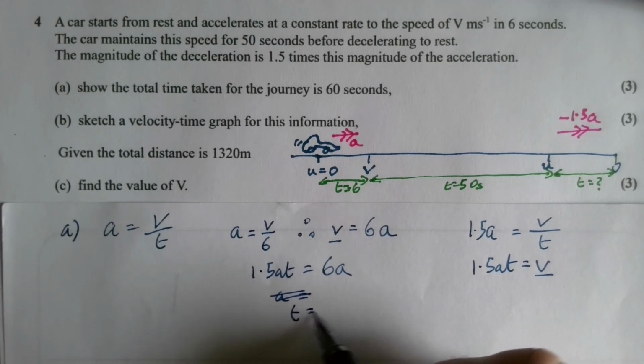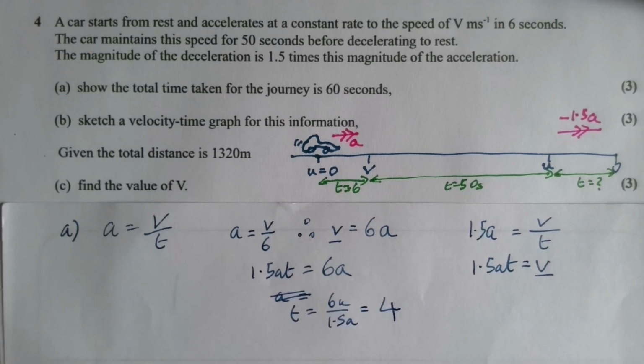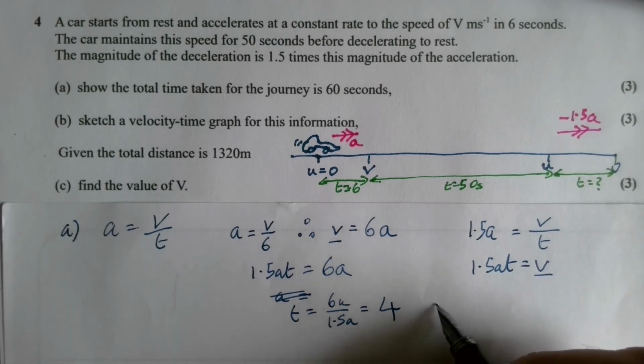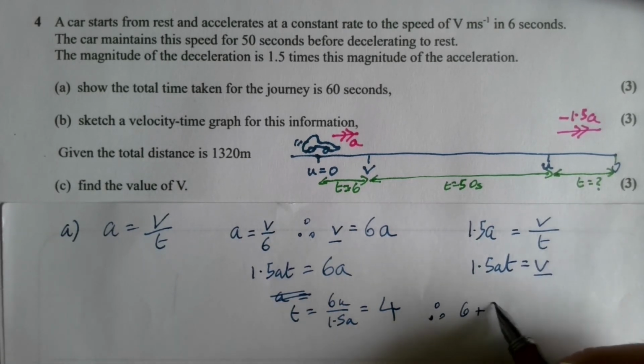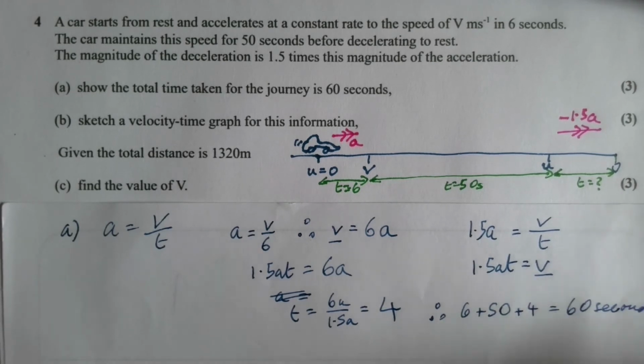We can divide by 1.5a, and that gives us 4, and therefore that is 4 seconds, and we can say 6 plus 50 plus 4 equals 60 seconds, and we've definitely shown that. Okay, so that was that bit.